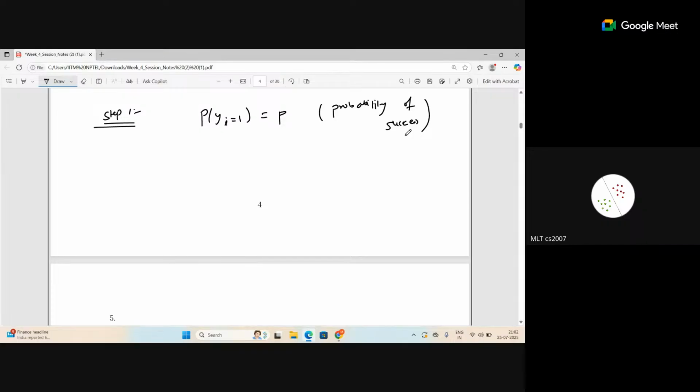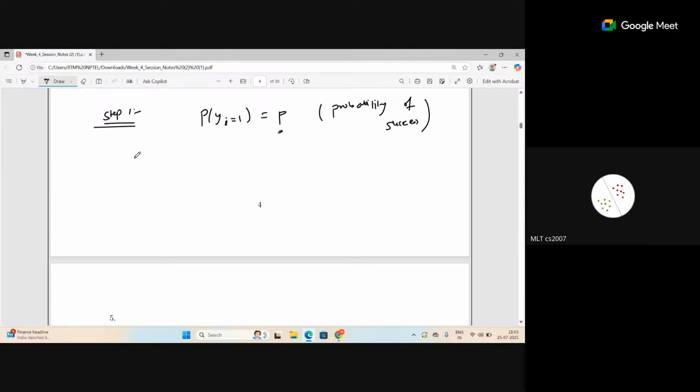If you define it as getting a non-spam email, then y equal to 1 will be non-spam, so that the probability is associated with that. So if I know this, will I know the probability of yi equal to 0? 1 minus p, right? Here I don't need both values. If one is there, I'll be able to find the other, because it's complementary.